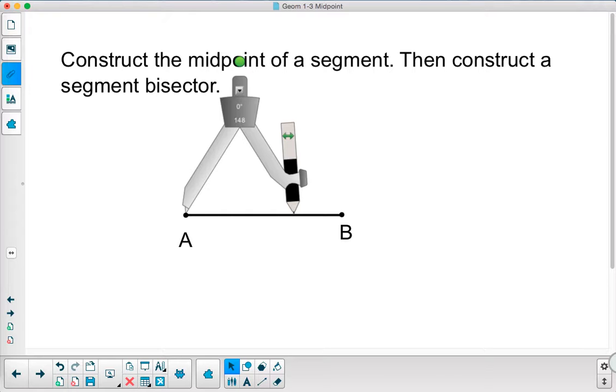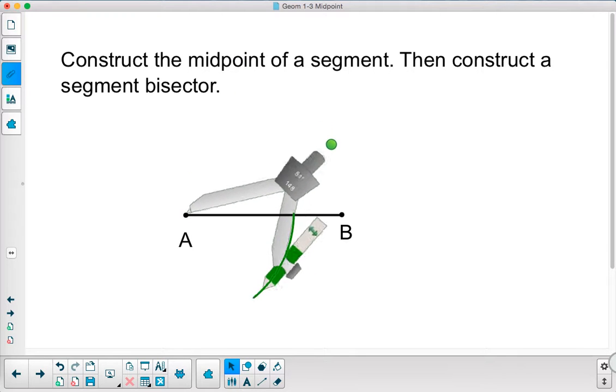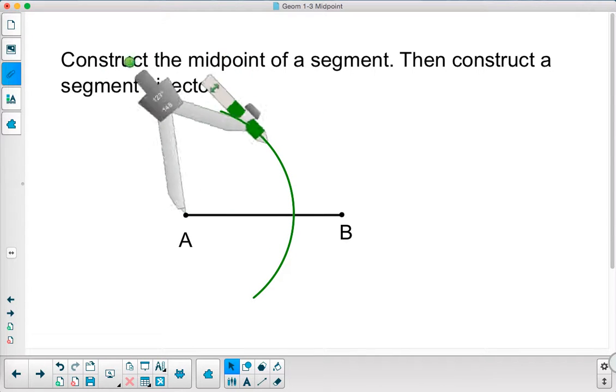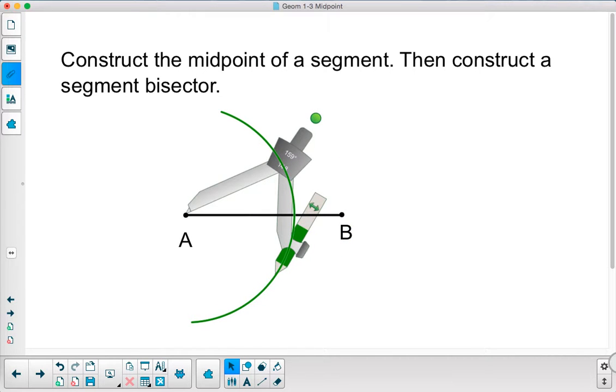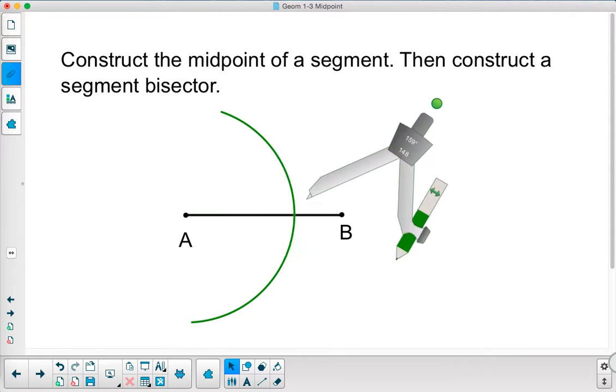Okay, and I want to see what I'm going to be drawing with here. Okay, I think I'm good. All right, so now that I've got it positioned, I'm just going to swing an arc up above and below. Make sure it goes around quite a ways in order to finish out what we're going to do. Now pick up that compass. Don't change the setting on it. Just in case I goof up, I'm looking at what the numbers are, 159 and 148.